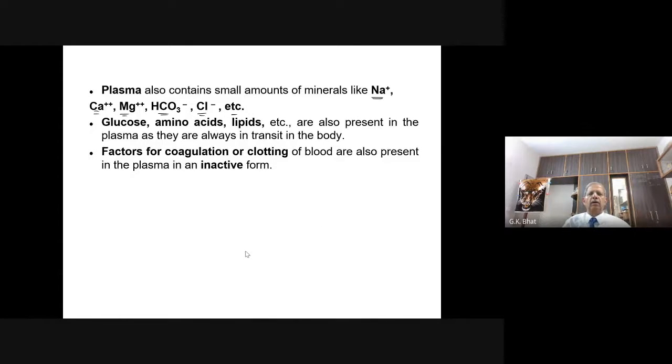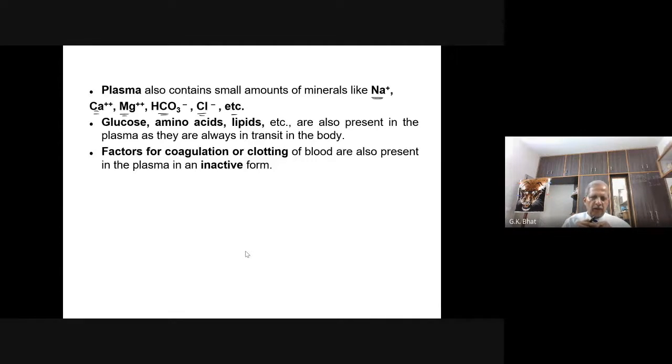Along with that, whenever the blood is flowing from one part to another part, it receives other substances like glucose, amino acids, and lipids, which it carries from one part to another. These are present as they are always in transit inside the body.